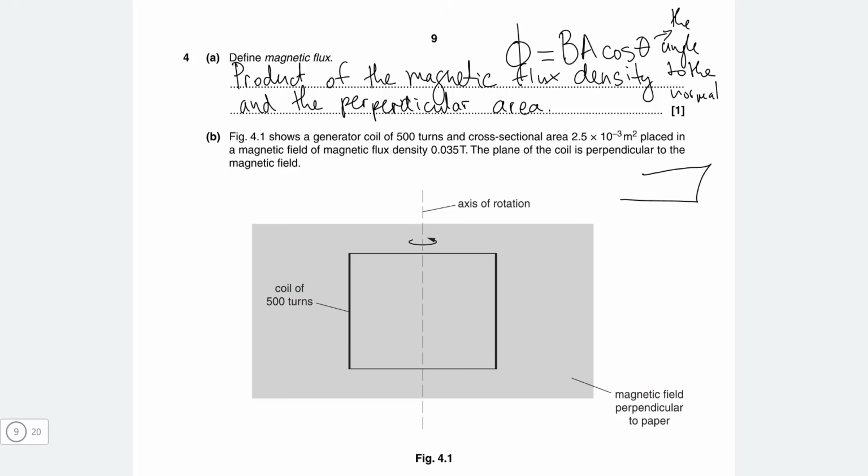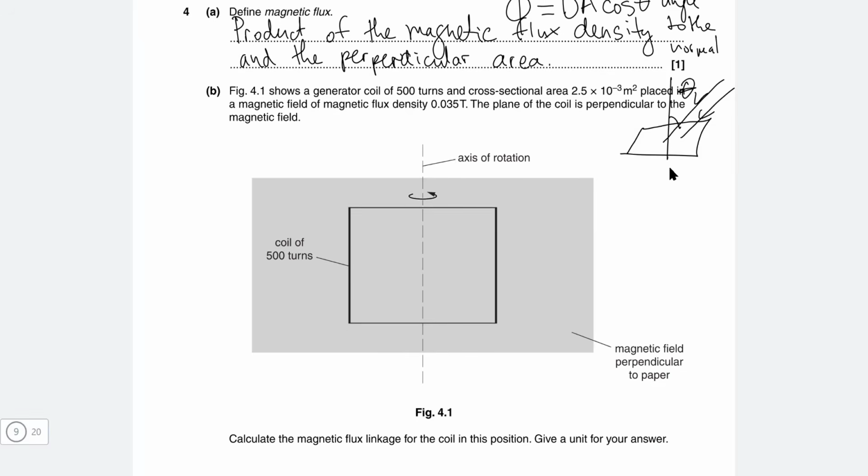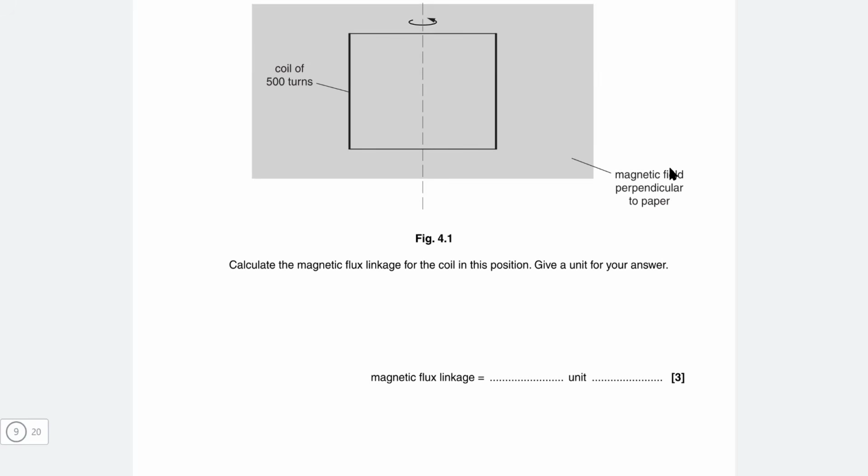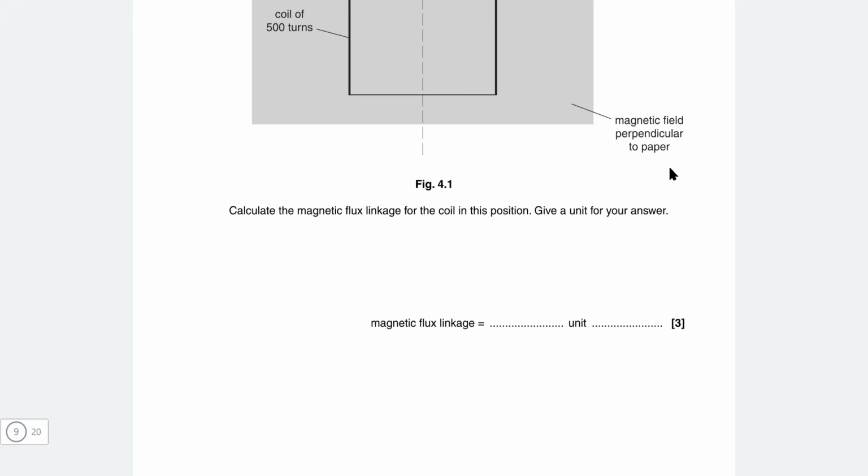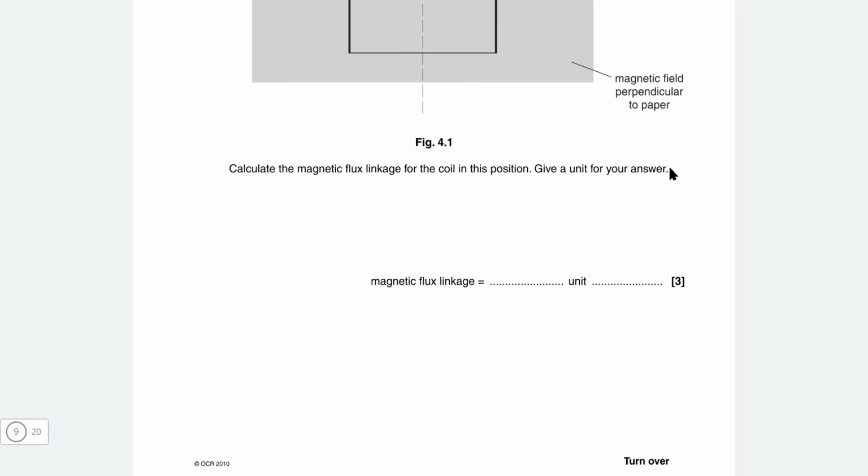If I have an area like this, and this here is the magnetic field, then this here is the angle theta. As soon as this line becomes perpendicular and it's along the normal, the cos component will turn to 1. Calculate the magnetic flux linkage for the coil in this position. Give a unit for your answer.